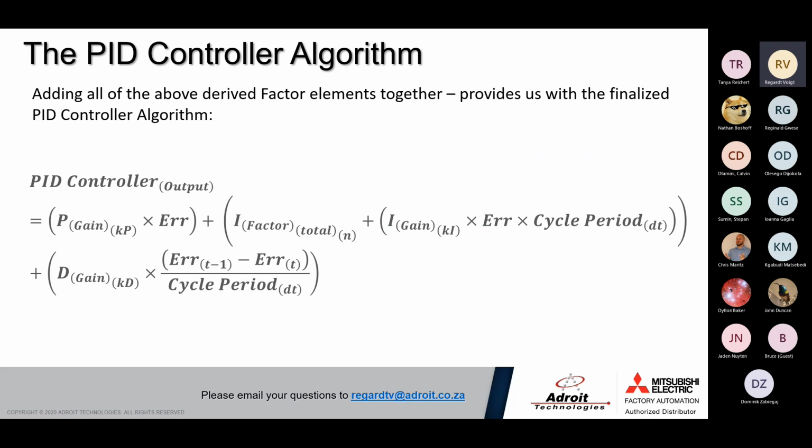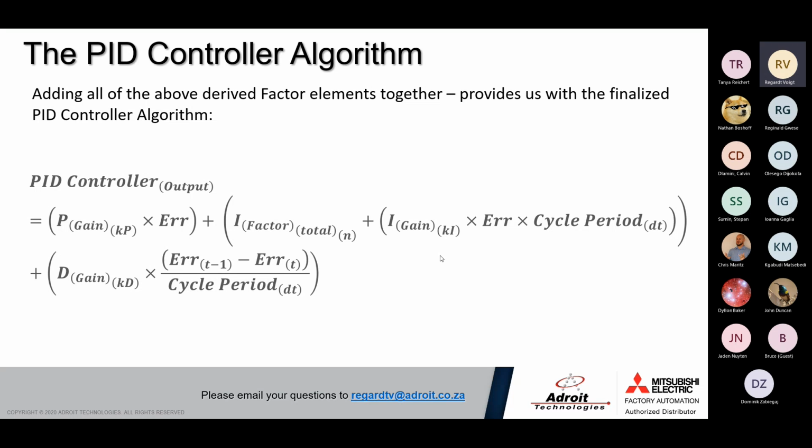Right, so if you put all of the formulas for these controllers together, which we discussed now, then this is the formula that is used in PID controllers. Many PID controllers use a slightly different formula.